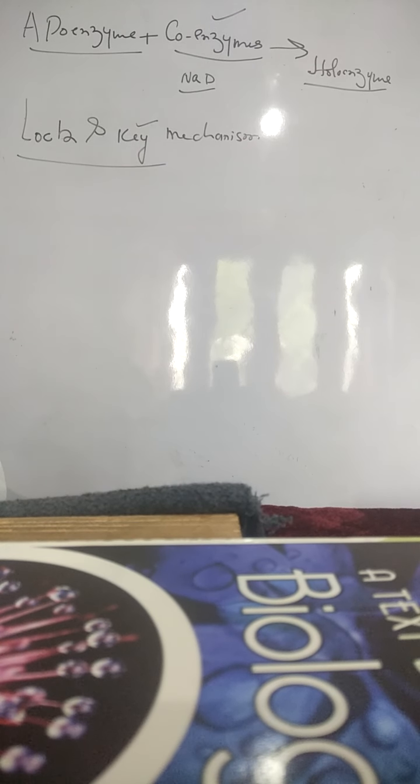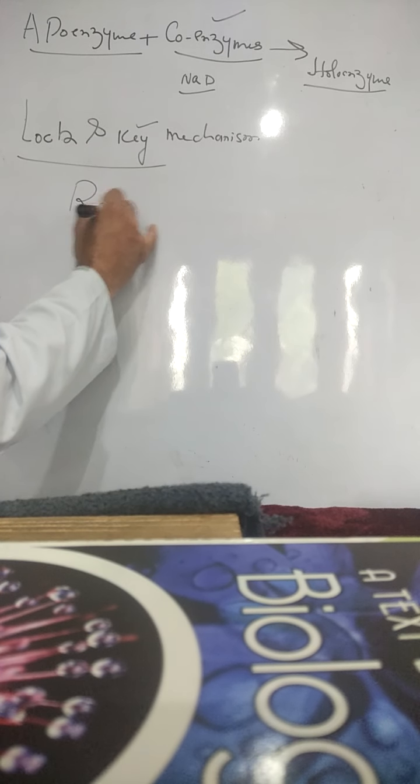According to this mechanism, a particular enzyme fits into the molecule of a substrate in such a manner that there is an intimate association by their specific areas. These specific areas are called reactive sites.